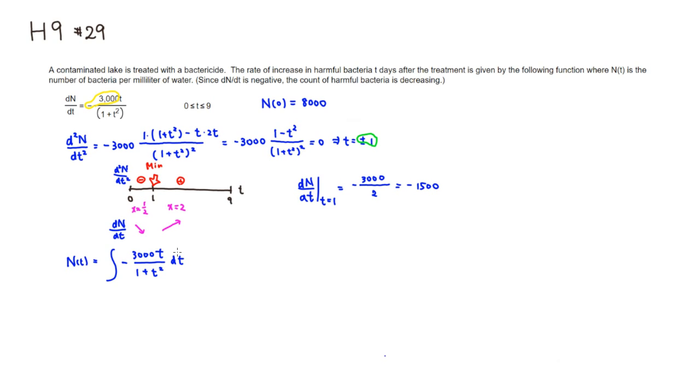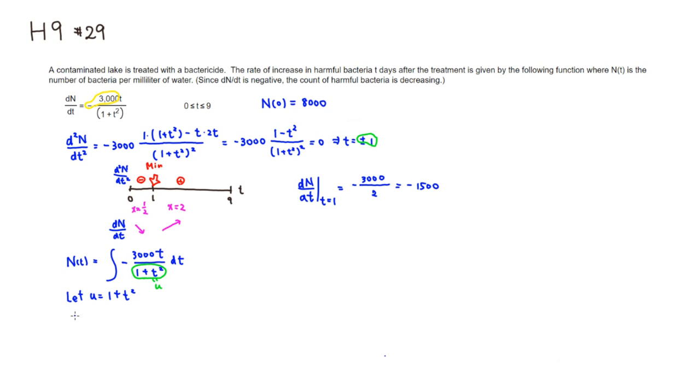Let's use a substitution here. I'm going to let u be this denominator, 1 plus t squared. This part right here, we're going to call u.